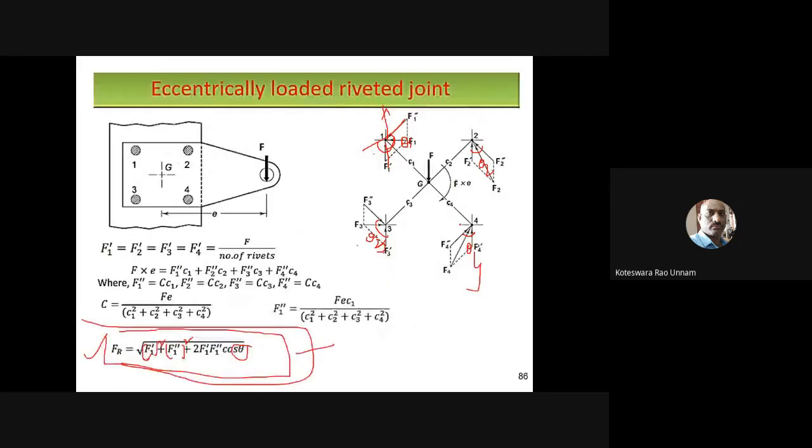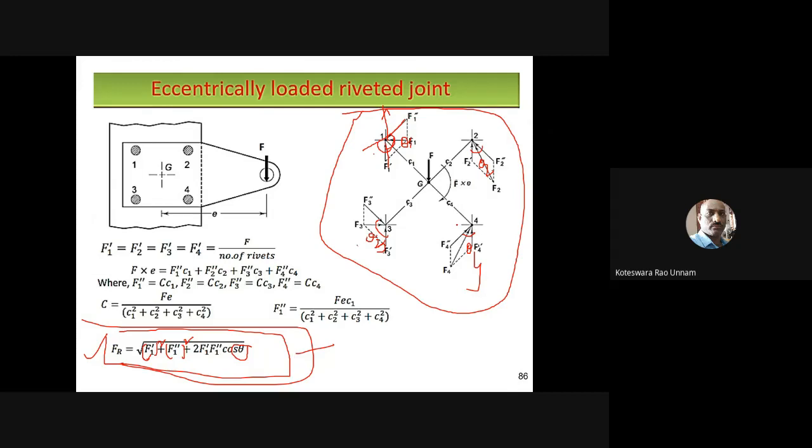So one way of doing that, okay, that is fine. Like I said, it is a rude way of finding out. Without applying any concept or principle here, blindly I am calculating the forces. First I will calculate theta values for all of them, then I will find out the resultant force in all the rivets, then I will pick the maximum value.